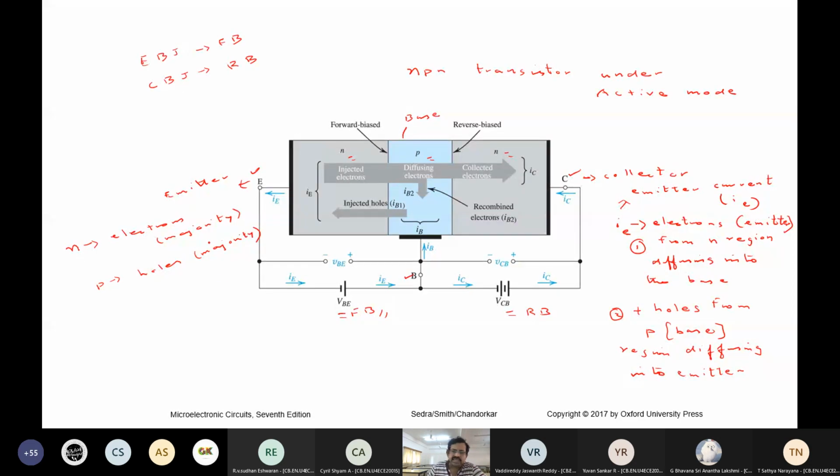So I can clearly write here that IE is proportional to e power VBE by VT, where VT is the thermal voltage. We are only talking about the majority carrier in today's class. So IE is proportional to e power VBE by VT.